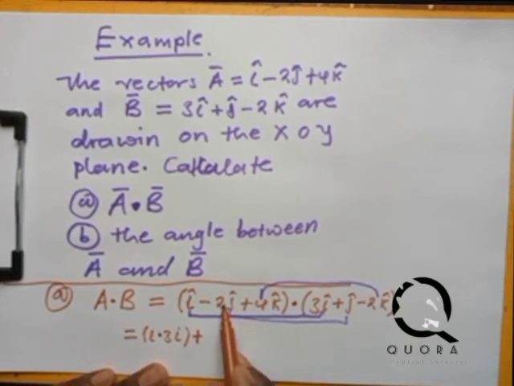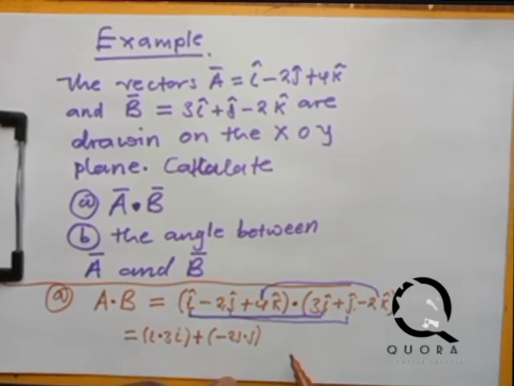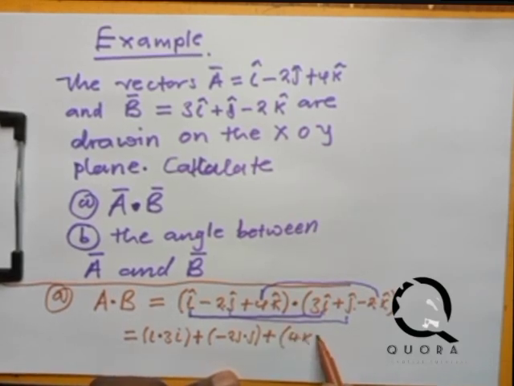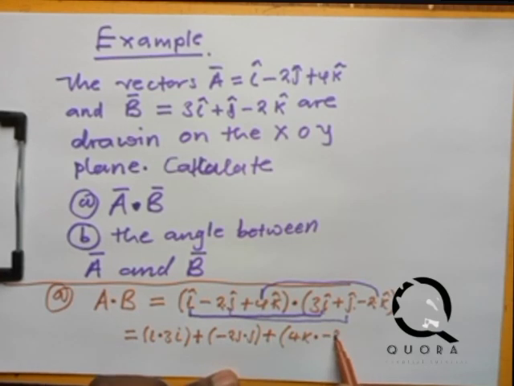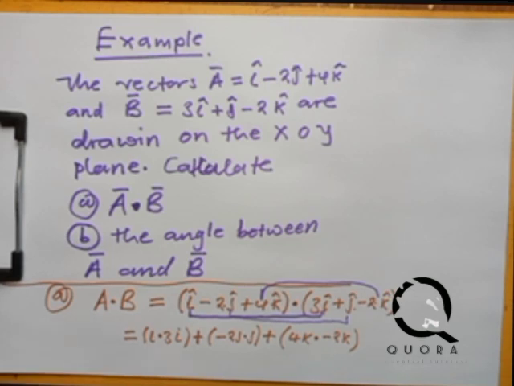Then negative 2j multiplied by that: open negative 2j dot j, I close. 4k multiplied by that, I'll also add: 4k dot negative 2k.